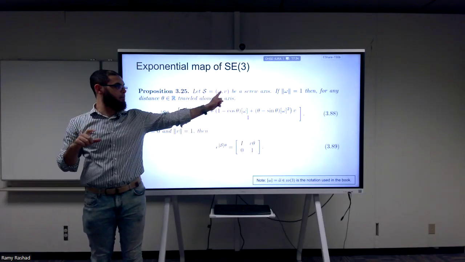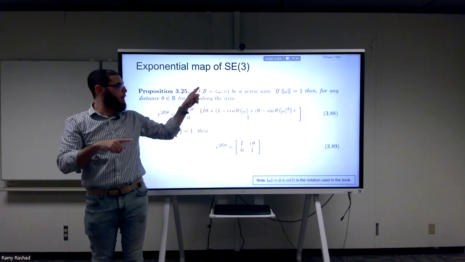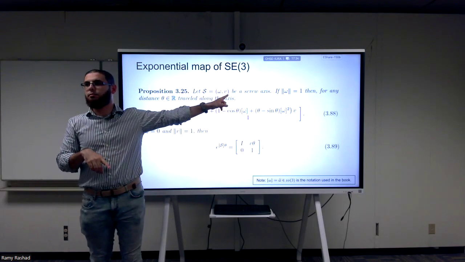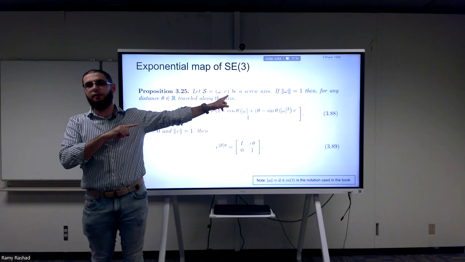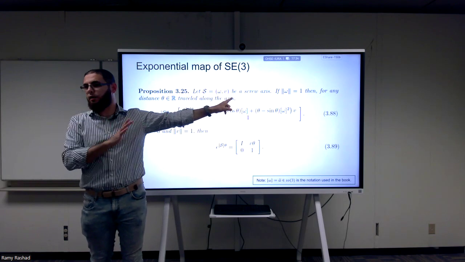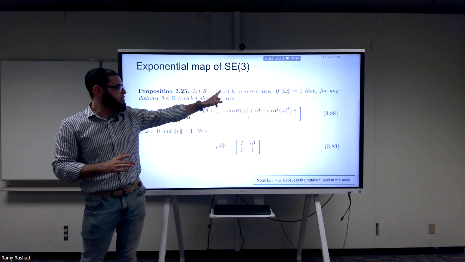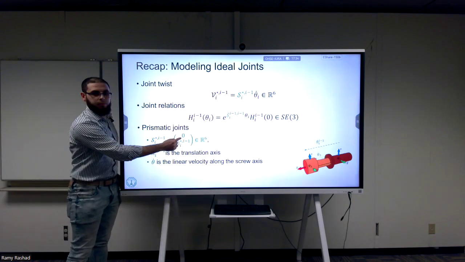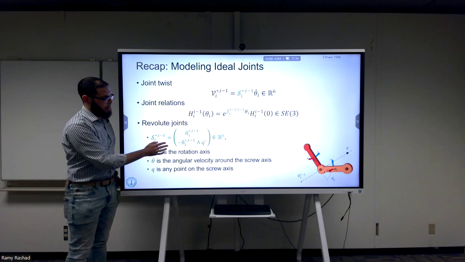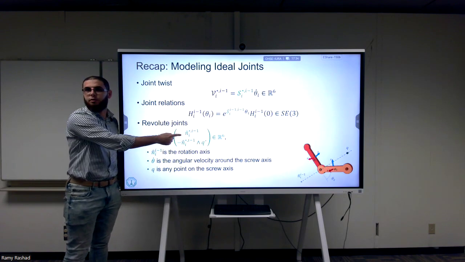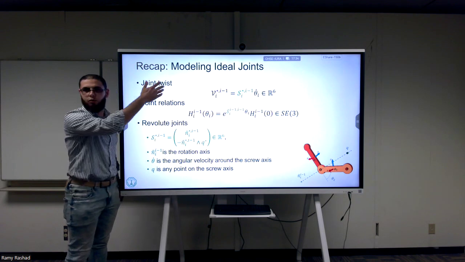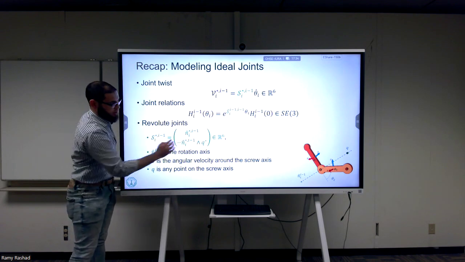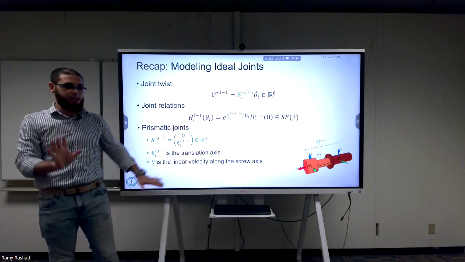The first 3 and the second 3, they are called only in this slide omega and V. Only in this slide, they have nothing to do with angular velocity and linear velocity. It's just that the first 3 here would correspond to this point, for example, if it's a prismatic, and this one if it's revolute. And the second 3, which is called in this slide V, would correspond to this term and to that term. So it's just a naming.